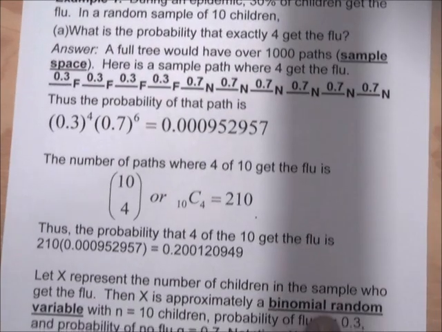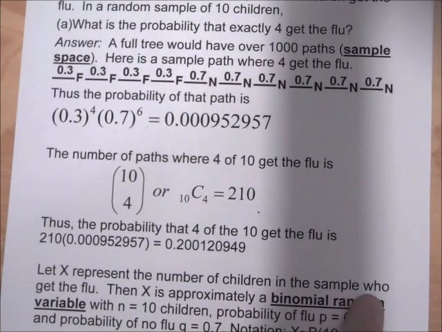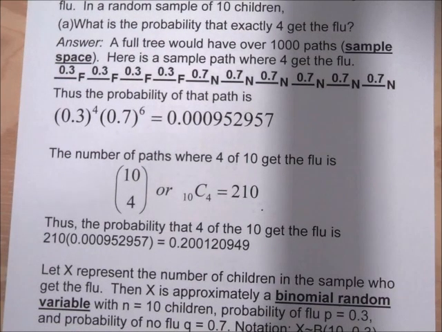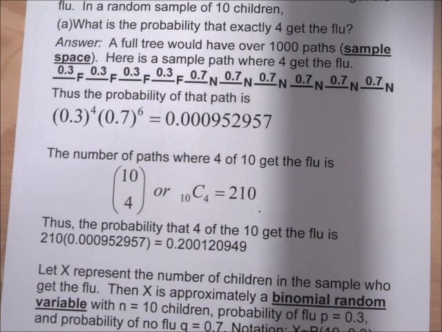So anyway, this is an example of binomial. More formally, we're going to let X represent the number of children in a sample who get the flu. X is approximately binomial with n equal 10 children, and the probability of flu p equal 0.3. The probability of no flu is 1 minus 0.3, which is 0.7. So notation, X is distributed binomial 10 comma 0.3.